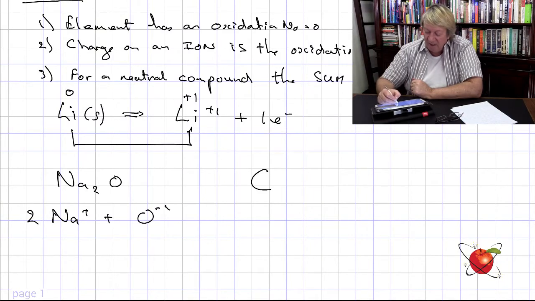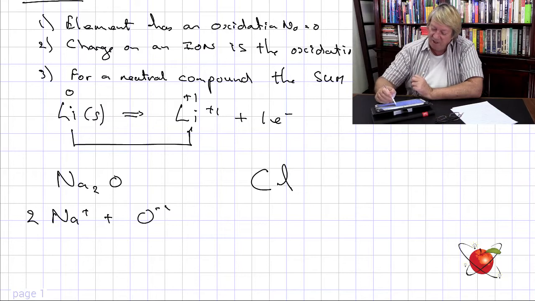There are also bonds that are not ionic. How do we approach this? We always put down the most electronegative of the elements, and we assume that's the one that's going to have the negative charge, and we take it to its ion state.